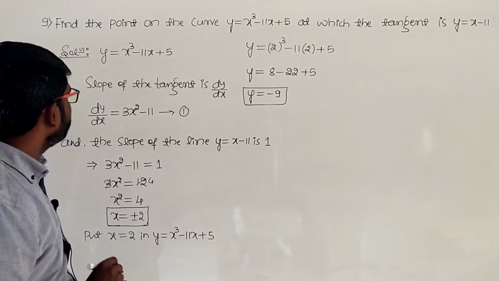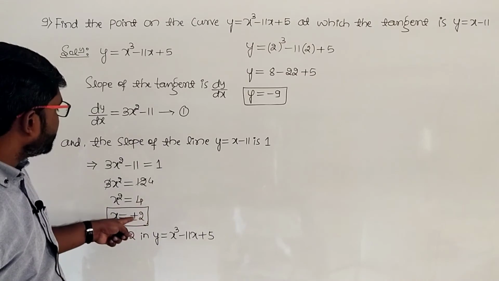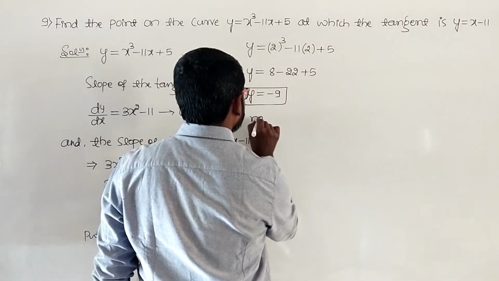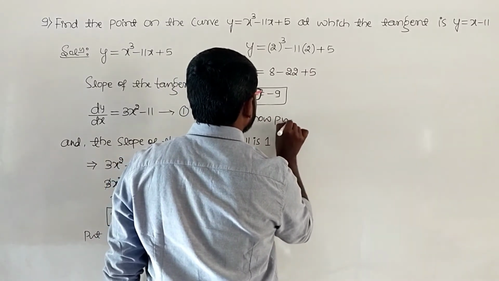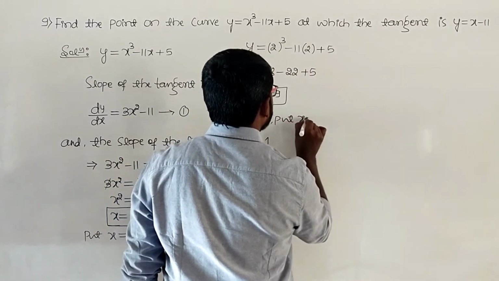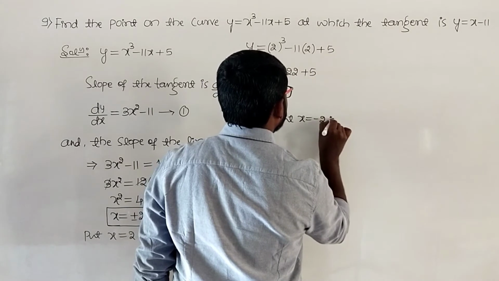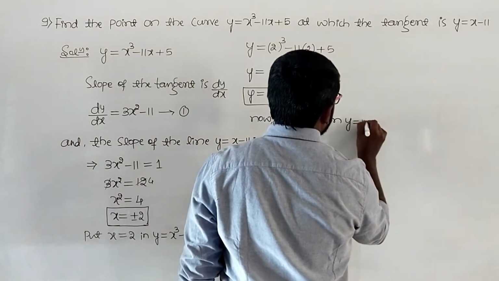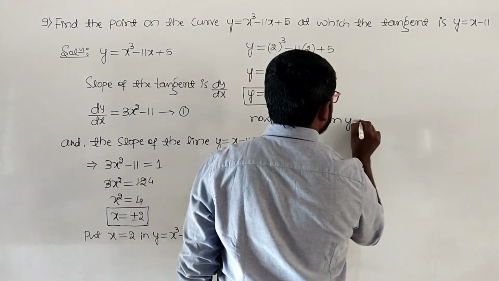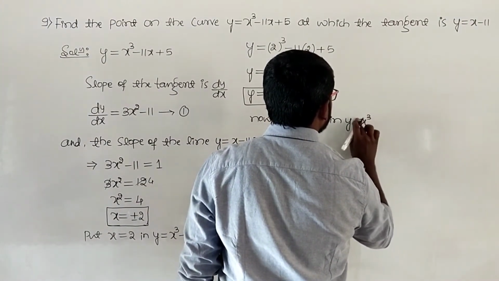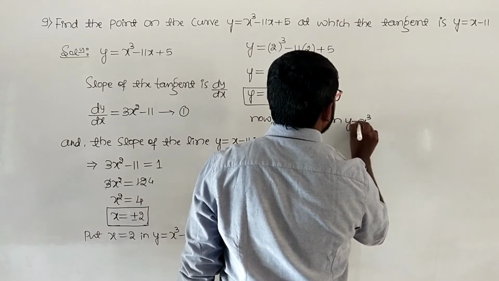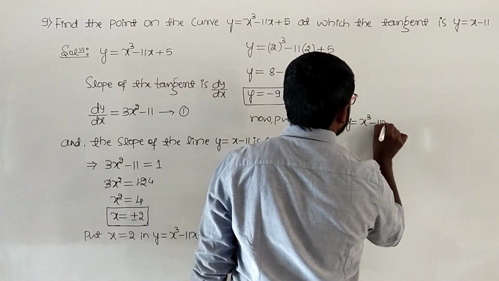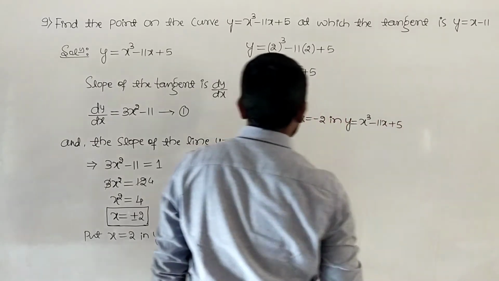Next we will have to substitute x equal to minus 2 in y equal to x cube minus 11x plus 5.